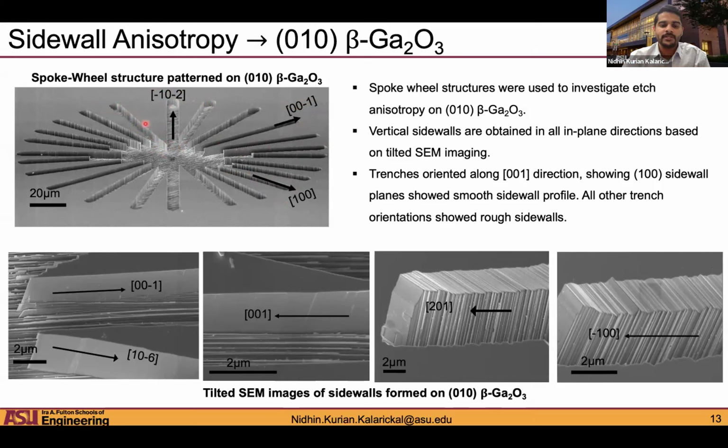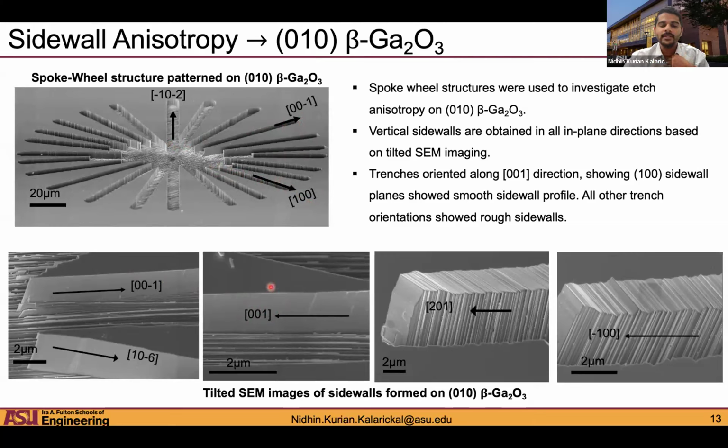What we observed is that most of the sidewall planes actually show rough sidewalls. Once the etches are done, the sidewalls are rough. For example, the ones on the bottom right, the sidewalls are rough. But what we found is for the 010 gallium oxide specifically, if you orient your trenches in the 001 direction, so the in-plane direction needs to be 001, which is this direction, then you get very smooth sidewalls.